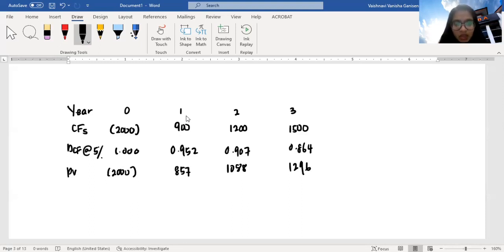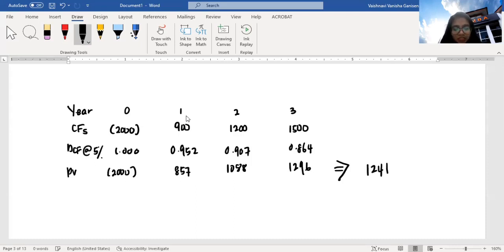So net present value is actually the net amount of your cash flows when you have discounted it to present value. So here, your cash outflow is in year 0, negative. Your cash inflow is in year 1, 2, and 3. So the net cash flow is inflow minus outflow. So if you net off all this, you take 2000 minus 857, minus 1088, minus 1296, you get positive 1241.